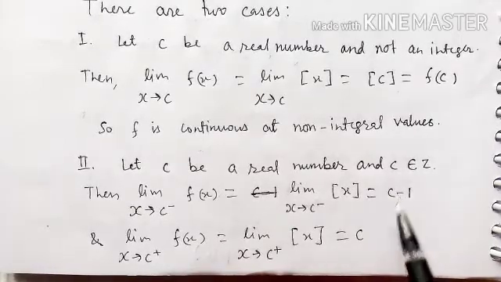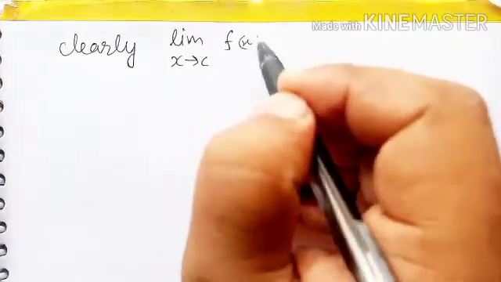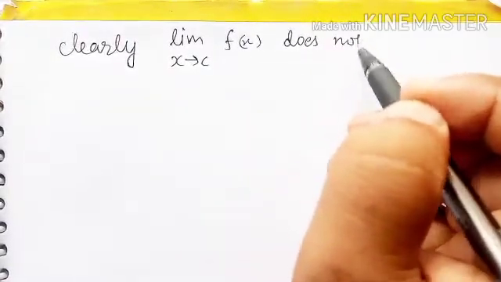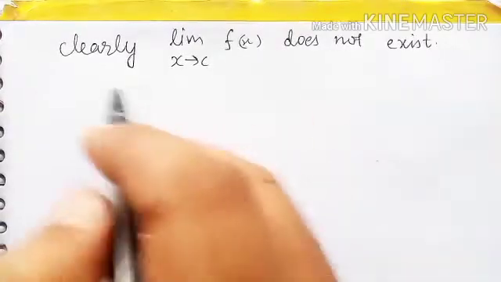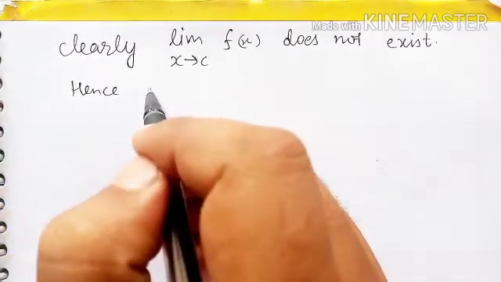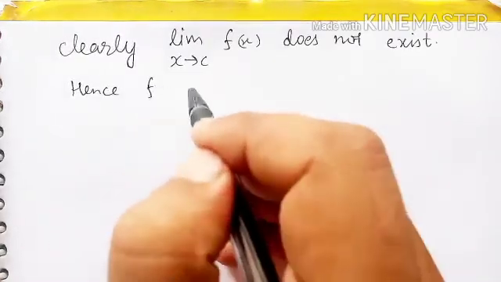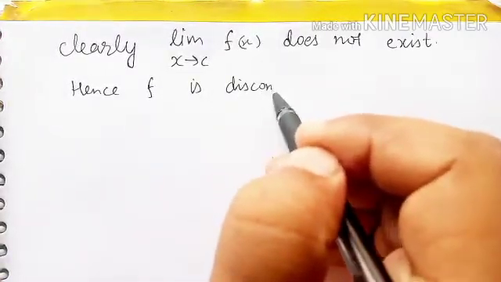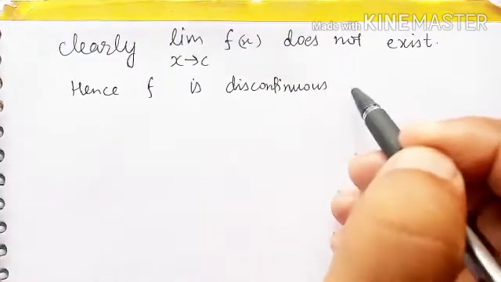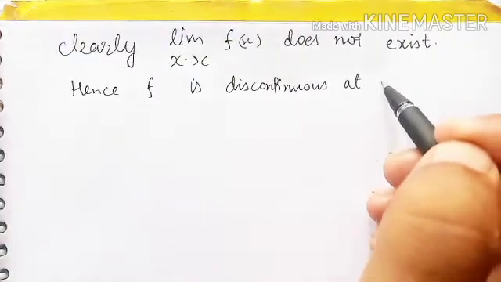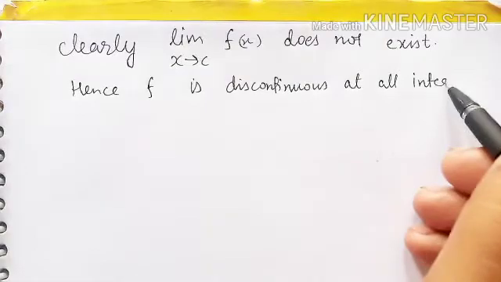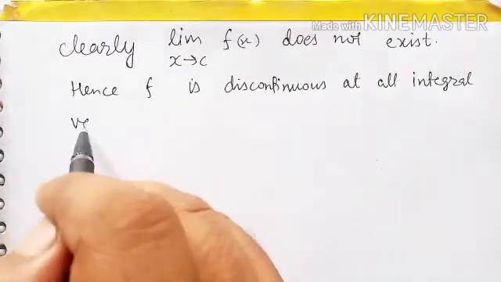You can see they vary. Clearly, limit x tends to c of f(x) does not exist. Hence, f is discontinuous at all integral values.